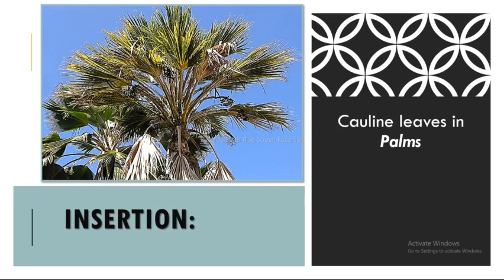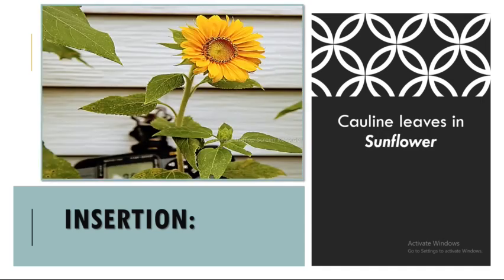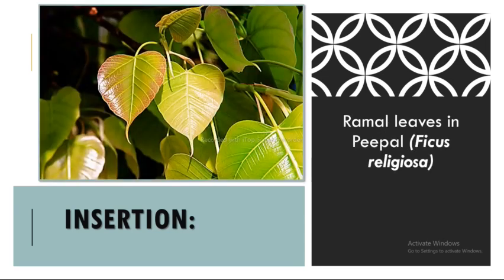Next are the cauline leaves in palm. Cauline leaves, which are pertaining to the stem, are mostly found in the palms. Cauline leaves in sunflower. The next condition is the ramal leaves in the peepal or Ficus religiosa.